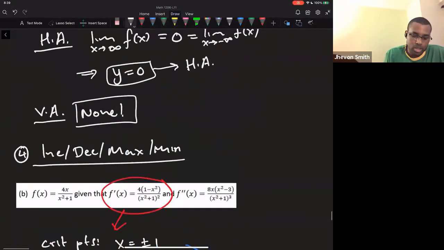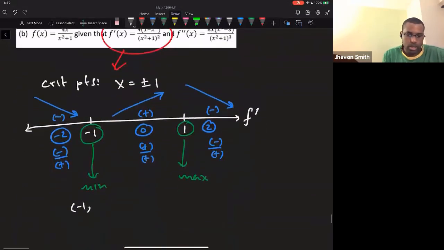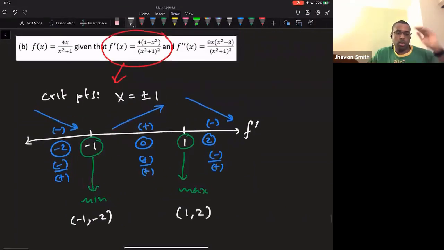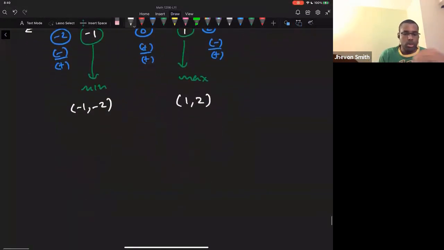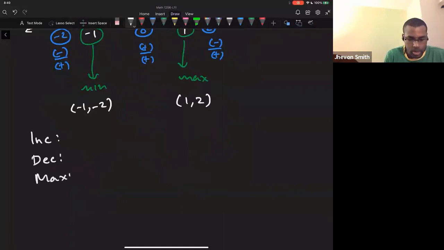So this is going to be minus 1 comma, and I'm going to plug that into the original function. So that's going to be minus 2, and 1 comma 2 looks like, because it's going to be 4 divided by 2, and then it's going to be minus 4 divided by 2. Right, so now I can do the increasing, decreasing, max, min.